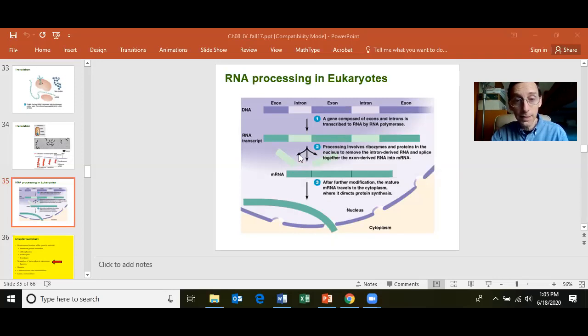The introns are spliced out, meaning cut out, and then the exons that code for the functional protein are spliced together, meaning put together. Then you have the final messenger RNA, which can now leave the nucleus. That is RNA processing in eukaryotes. Any question about that?